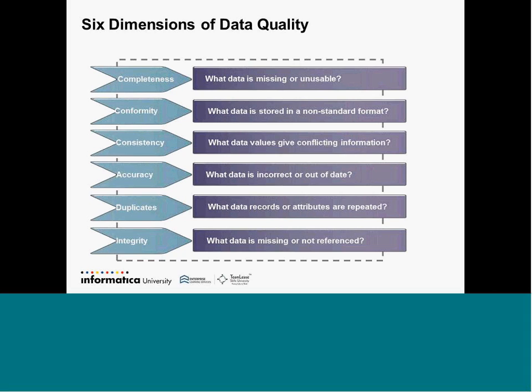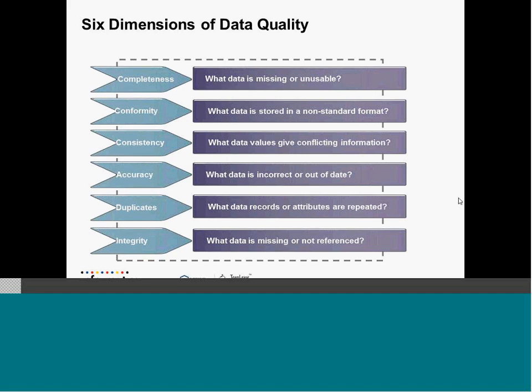These are the 2 main jobs expected of you. Completeness, conformity, consistency, accuracy is your data standardization process, and then deduplicating and consolidating the data is for integrity purposes. So this is what we look at from this product.